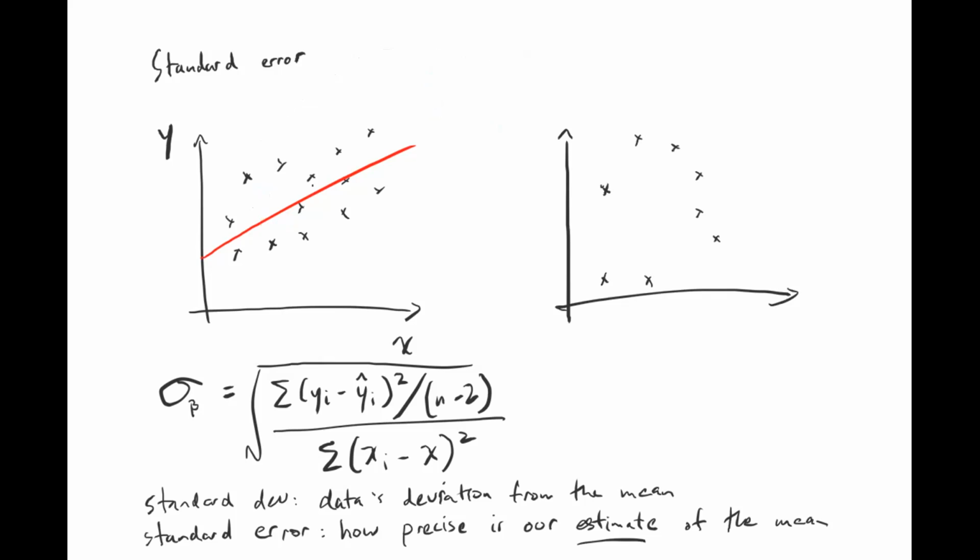I'm kind of trying to copy the graph on the left, but I'm spreading the x's out a little farther. But the line is still in exactly the same place. So you could have the same beta values.